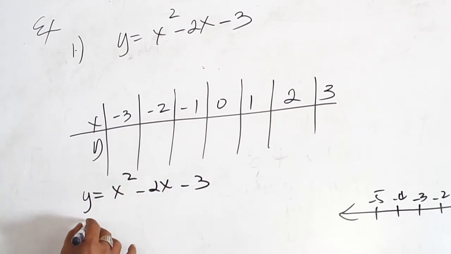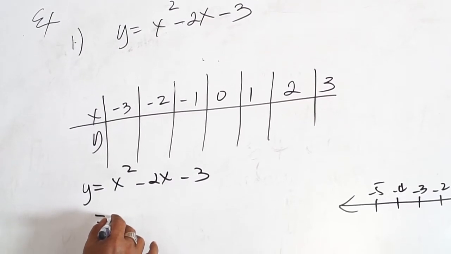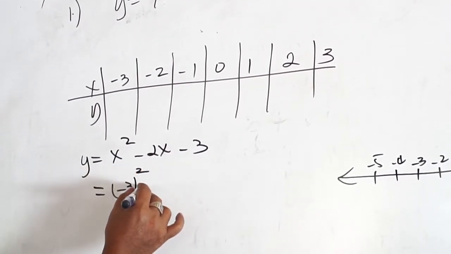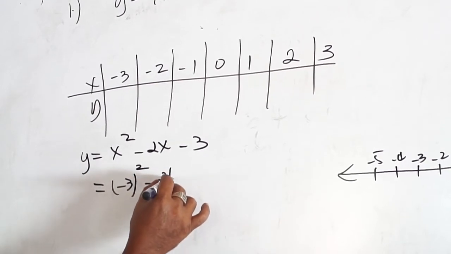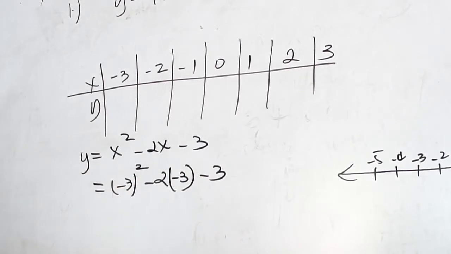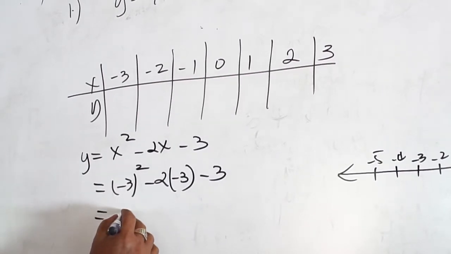If the value of x is negative 3, then substitute: negative 3 squared, minus 2 multiplied by negative 3, minus 3. Simplify. The square of negative 3 is positive 9.